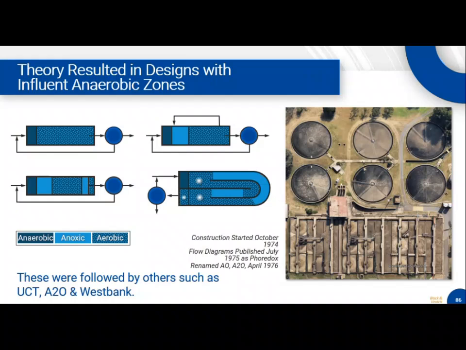I always throw this picture up here. It's an aerial, but we've been doing this for a while. It started in 1974 with the first full-scale BioP plant. So it's not like BioP is just something that we thought up a couple weeks ago. But what we do know now is we understand it much better, and we can dial in our bioreactor configuration.